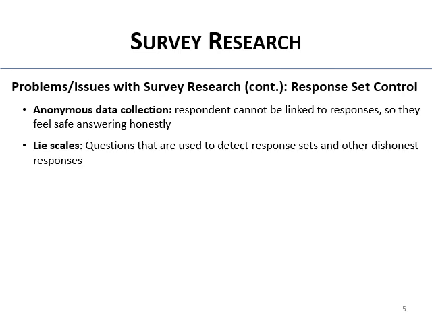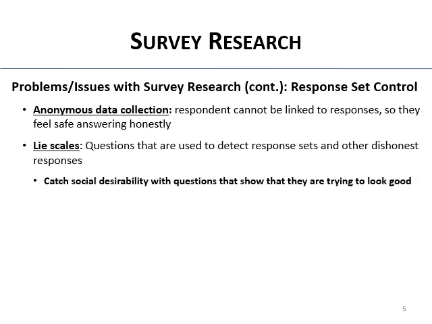Another way you can test for response sets is to use something called lie scales, and these are questions that are built to detect response sets and other sorts of dishonest responses. So, for example, you can catch social desirability with questions that almost no one answers affirmatively, that tell you they're trying to look good. Very few people could answer both of these as strongly agree and not be lying.